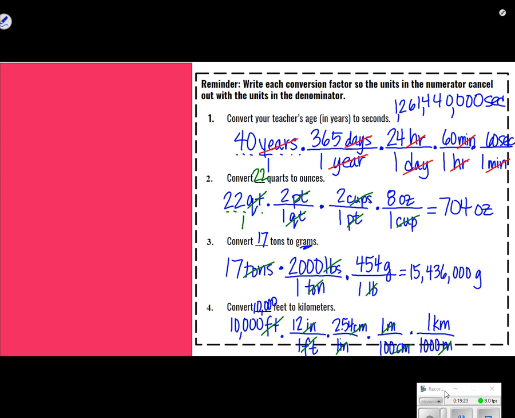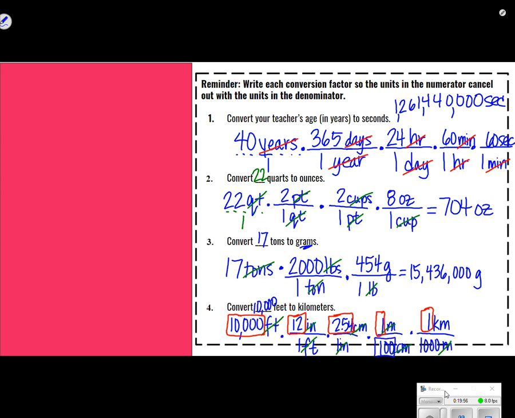Now if you notice, I've got two numbers in the denominator of that fraction. So what I'm going to do is multiply my 10,000 times 12 times 2.54. I'm going to multiply all those together. Technically, you're multiplying also by 1 and by 1, but hopefully by now we know if we multiply by 1, it doesn't change anything. So once I multiply all those things in the red box together, then I'm going to divide by these guys.